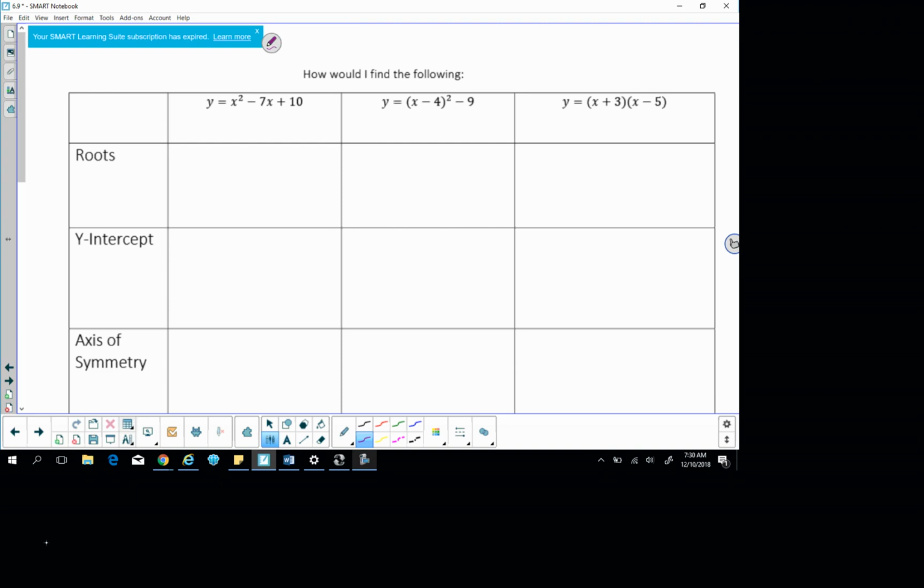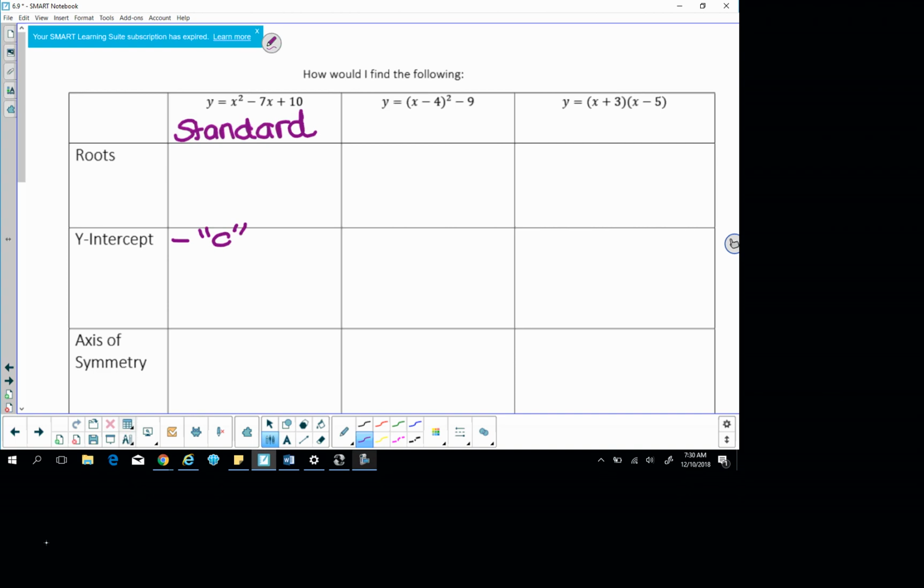And so first, what form is this in right here? Standard. So write that down. This is in standard form. And we said something's the easiest to get when it's in standard form. What is it? The y-intercept. And so we know when it's in standard form, our y-intercept, we can just look at the c, right? The constant.